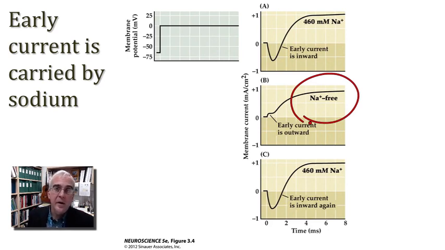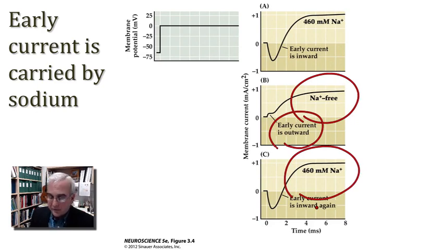Because even though the normal physiological concentrations of sodium are much greater outside the neuron compared to inside, if you artificially remove all sodium from outside the cell, there will be a concentration gradient favoring the efflux, or the outward flux of sodium. And that appears to be what is recorded in this experiment. And then returning back to normal physiological conditions, similar to what we find in seawater, the inward current is once again restored.